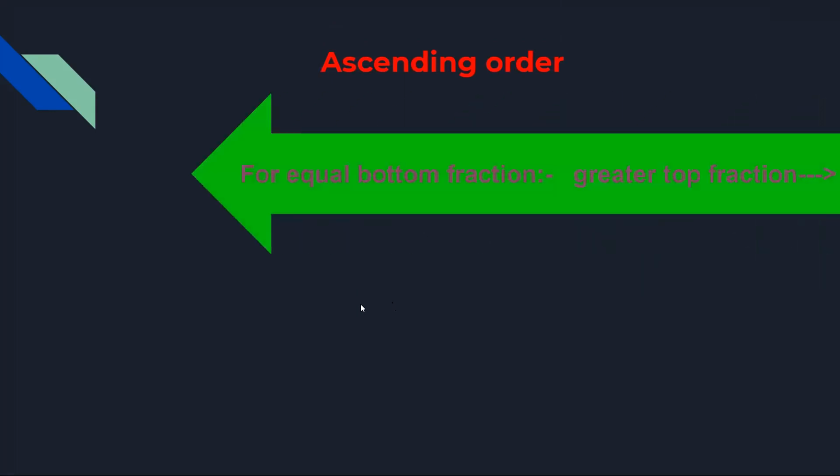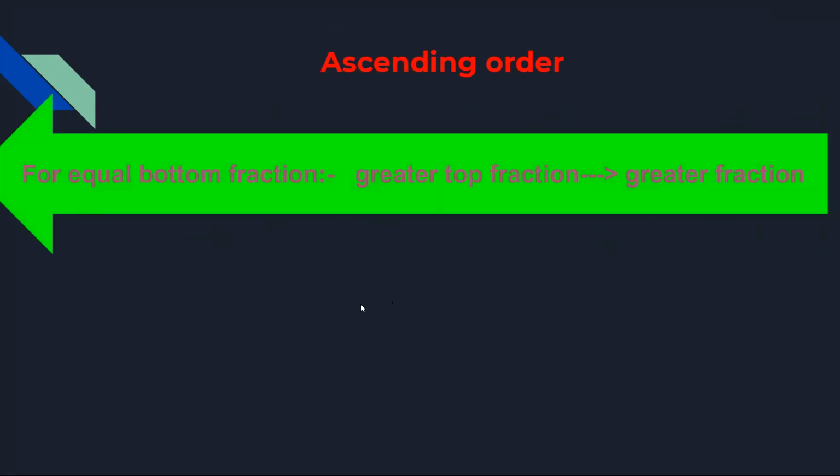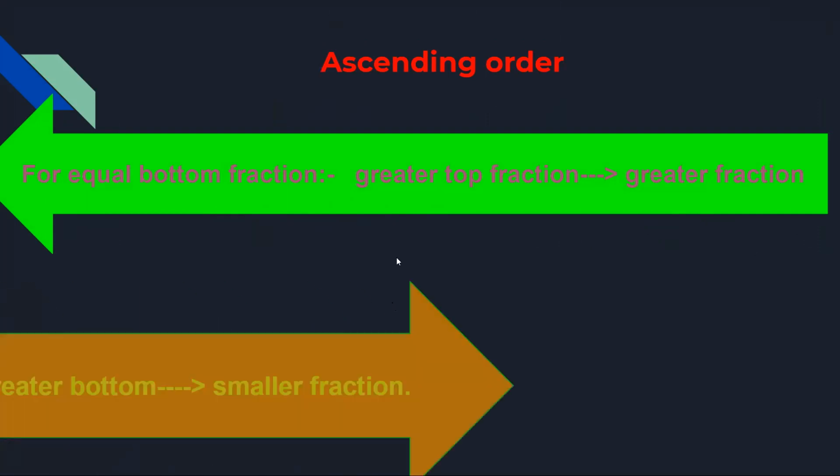Now we will write the ascending order. Ascending order means from smaller to bigger. For equal bottom, the greater top, the greater fraction. If the bottom is the same, meaning the denominator is the same, then the greater the numerator, the greater the fraction.